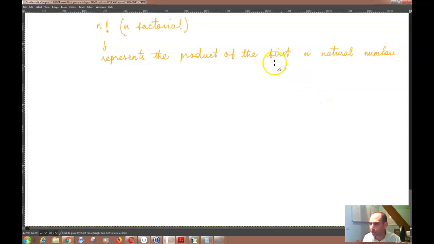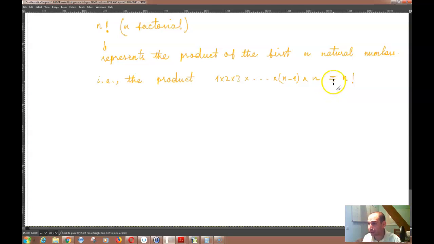That is the product 1 times 2 times 3 all the way up to n, and you can write it as times n minus 1 times n. This product is equal to n factorial.